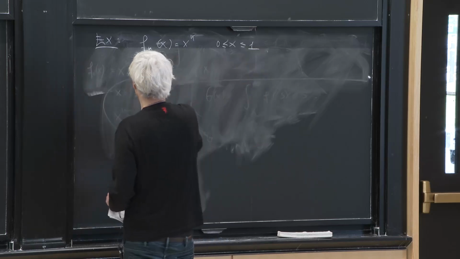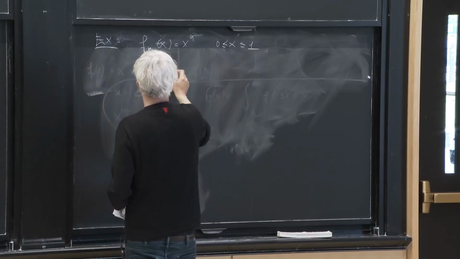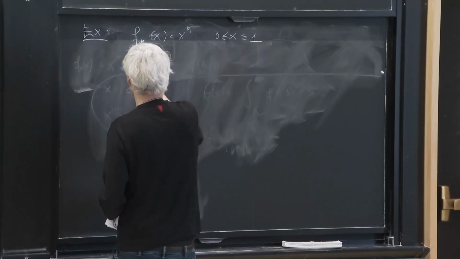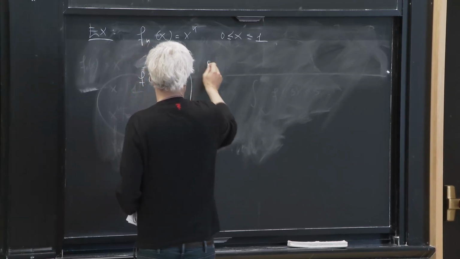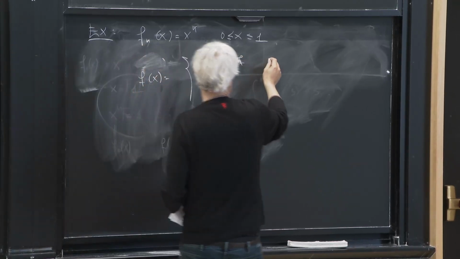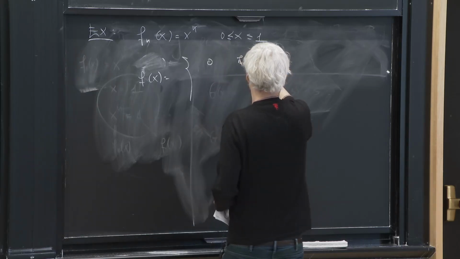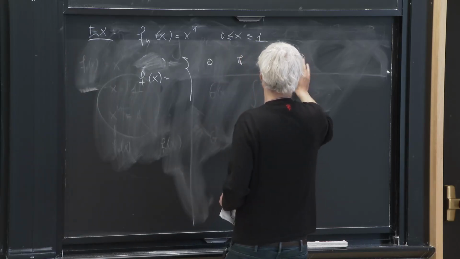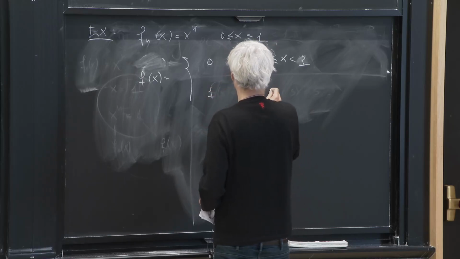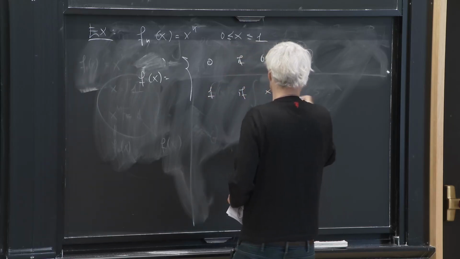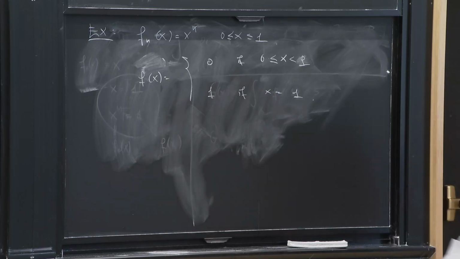And then we had this function f, which was not continuous, and was given to be equal to 0 if x is strictly less than 1, and it was 1 if x is equal to 1. That was this function f.